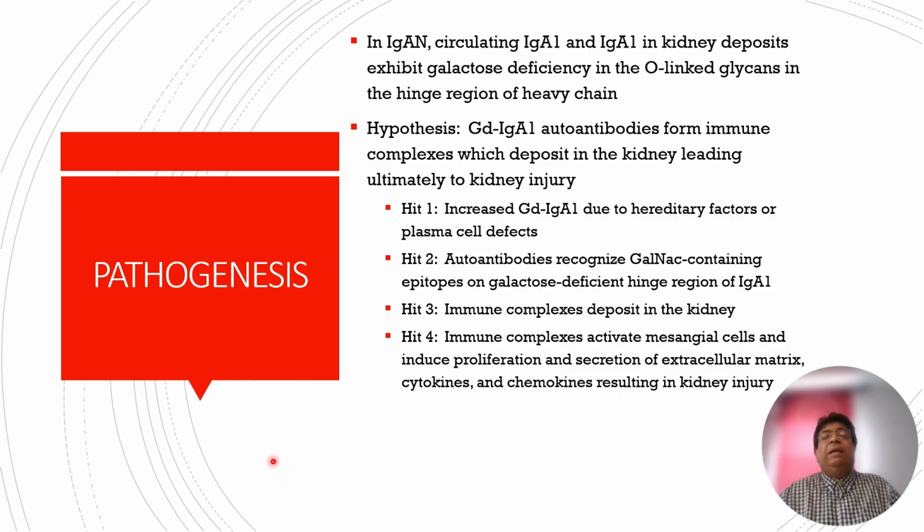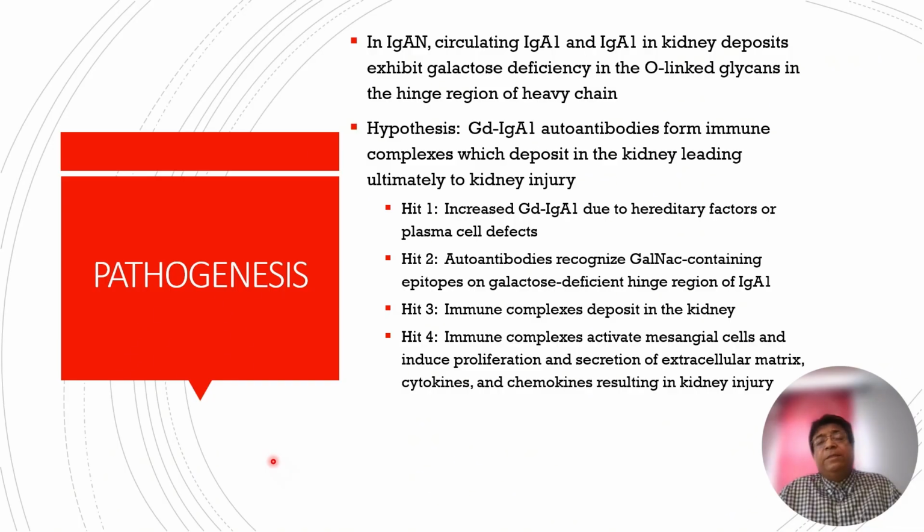So exactly what causes IgA nephropathy? In IgA nephropathy, circulating IgA1 and IgA1 in kidney deposits exhibit galactose deficiency in the O-linked glycans in the hinge region of the heavy chain.